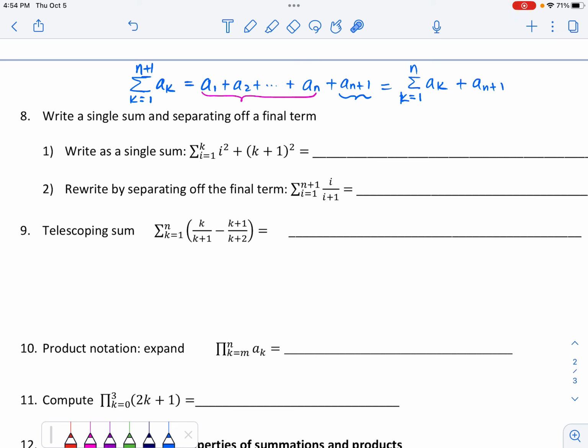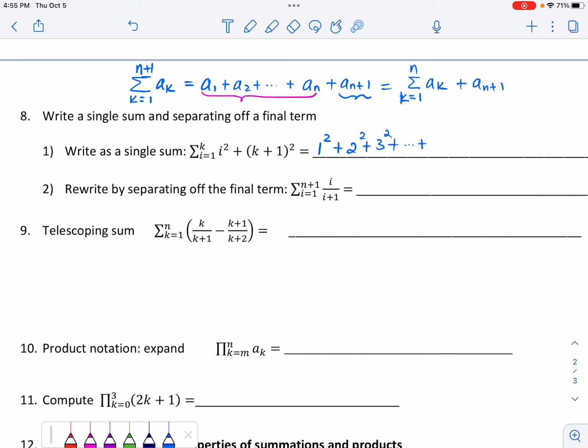So now let's do the first one. Write this as a single sum. Sometimes it will be helpful to expand this summation first because it might be easier for you to see. So let's write this summation in expanded form first. I starts with 1, so 1 squared is my first term, plus, increase the index by 1, 2 squared, and 3 squared.